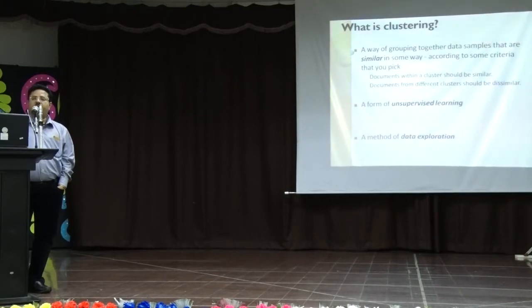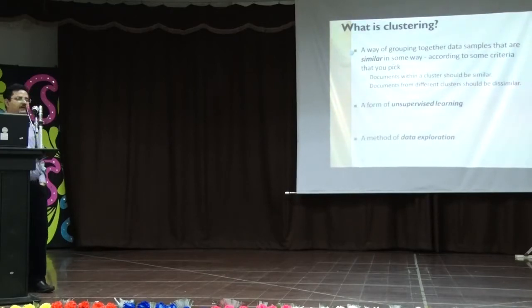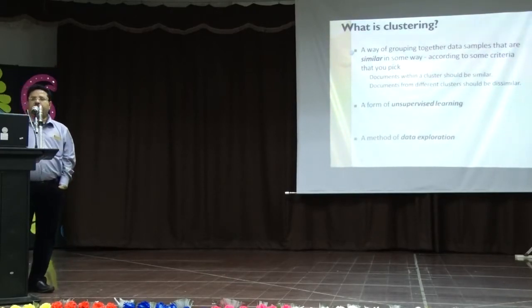That is unsupervised. It is a part of machine learning, and obviously it is a method of data exploration. You explore the data set, you explore the number of elements in a set, and then pick and choose the relevant features, and then group together in 2 or 3 or 4 or n number of clusters. That is the essence of this topic.